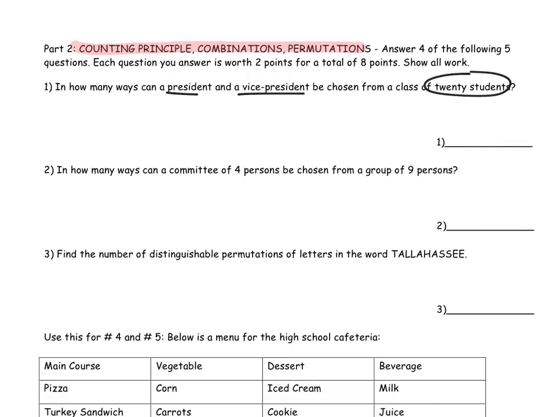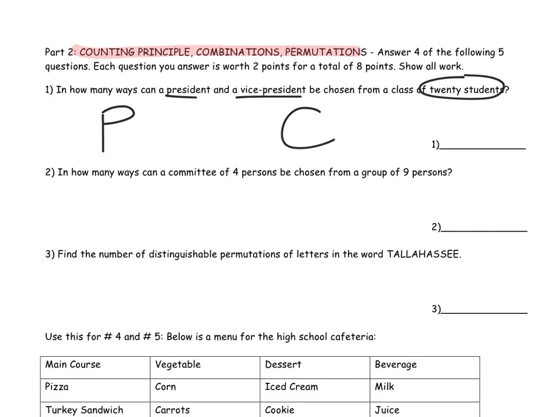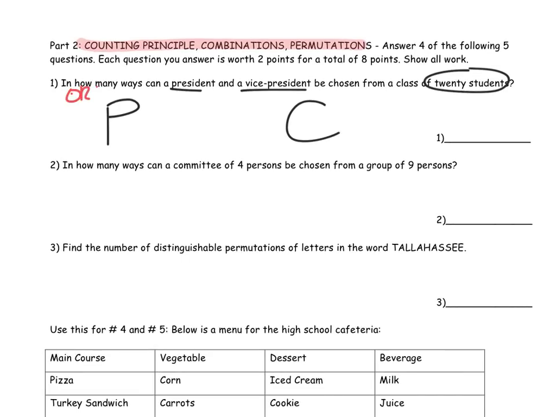Well, we did questions where you have to make a decision whether this is going to be a permutation question or whether it's going to be a combination question. For permutation questions, order matters. And for combination questions, order doesn't matter.